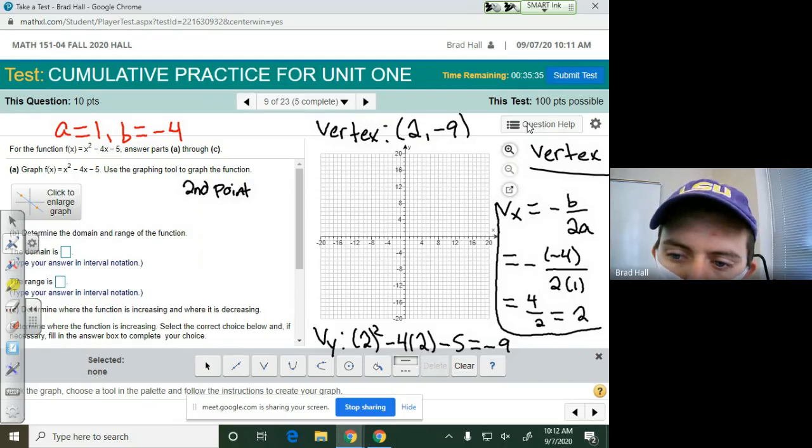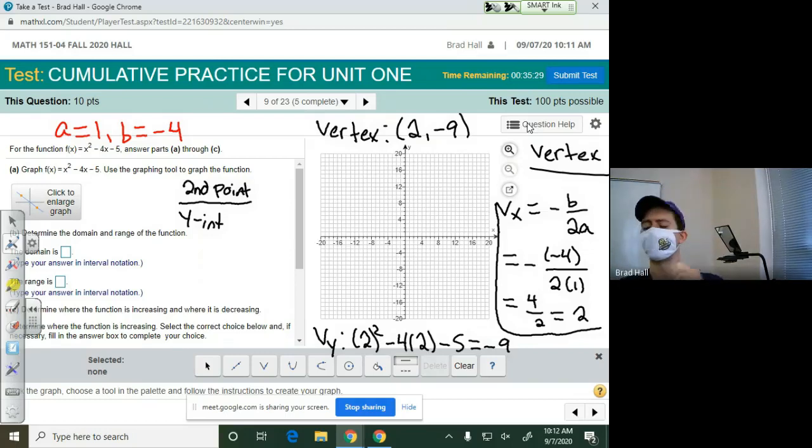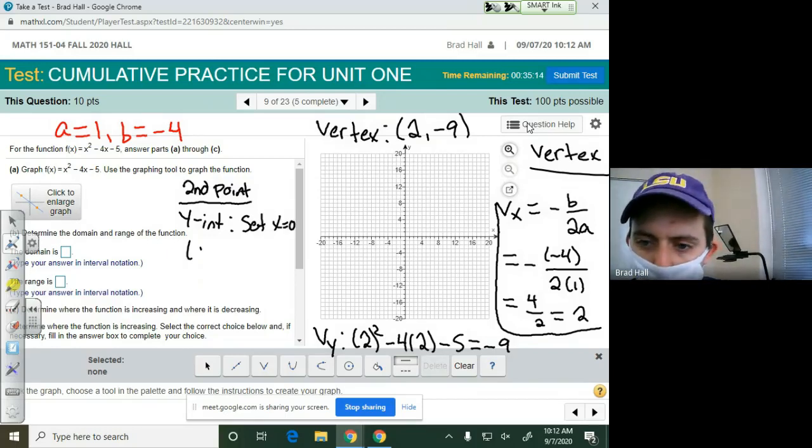Normally for the second point, I like to find the y-intercept. It's just a very easy point. All we need is any other point. Normally the y-intercept is a good point to find. How do you find the y-intercept? You set x equal to 0. And so pretty much everything zeroes out.